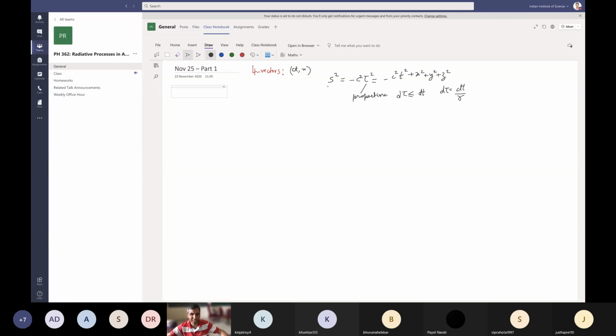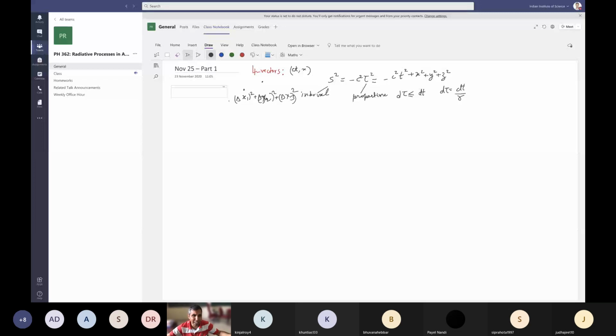So this quantity S is called an interval, right? And this is a generalization of this measure of distance. In 3D space, you define distance as delta x1 squared plus delta x2 squared plus delta x3 squared. So this is a generalization in space-time.